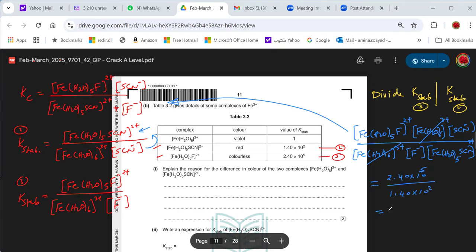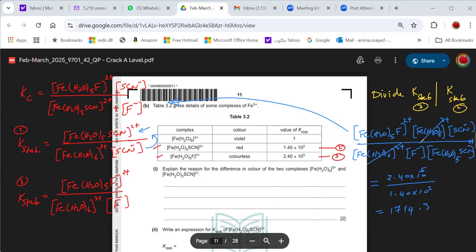And so we get 2.4 times 10 to the power 5 divided by 1.4 times 10 to the power 2. So I got 1714.3.